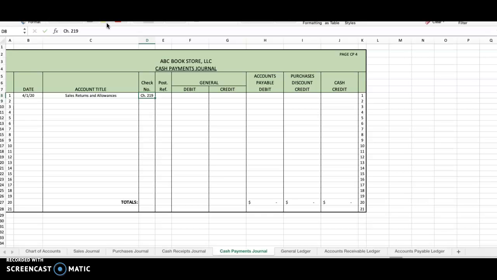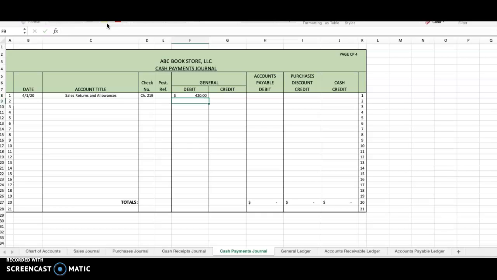Typically, we might give this customer either credit to go buy something else, or we may actually give that customer cash back. To keep it simple here, let's just say we write a check. Cash makes it a little more complicated, as we'll see later, but to keep it simple, let's say we wrote a check to pay this customer back. So the debit here has to go to sales, returns, and allowances.